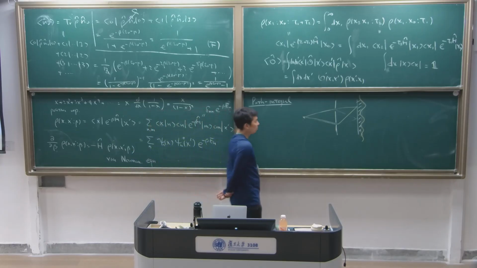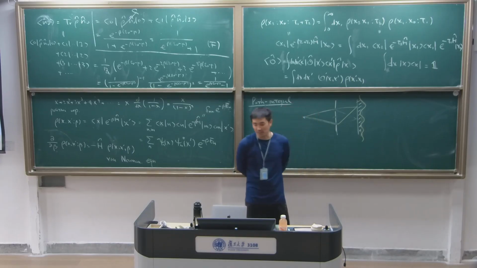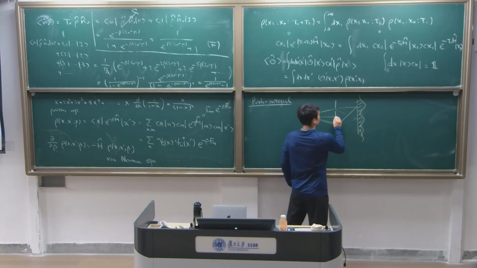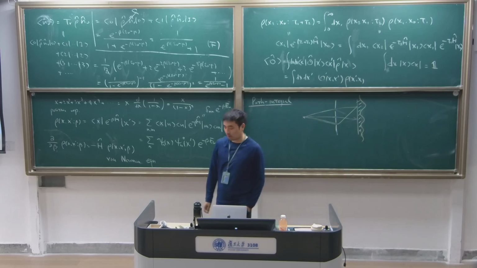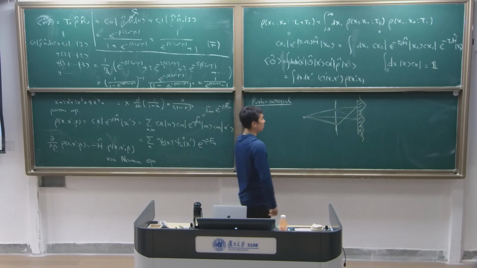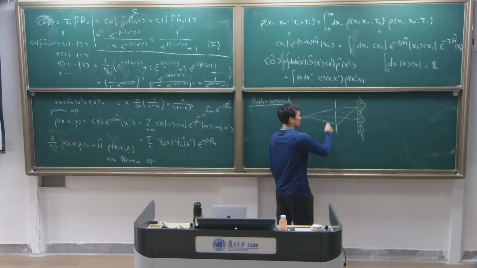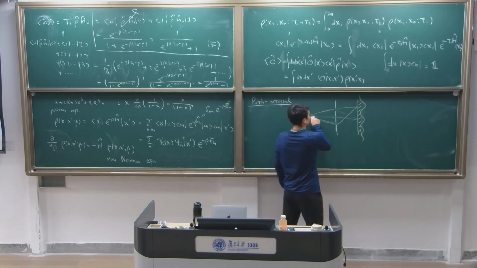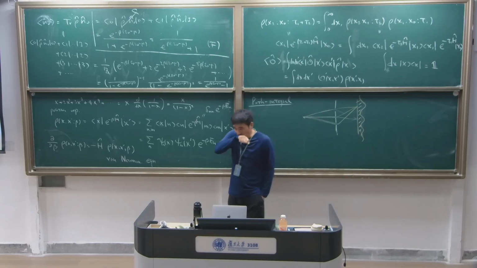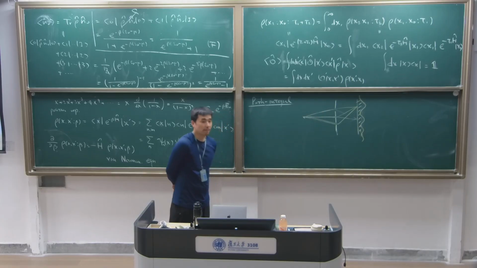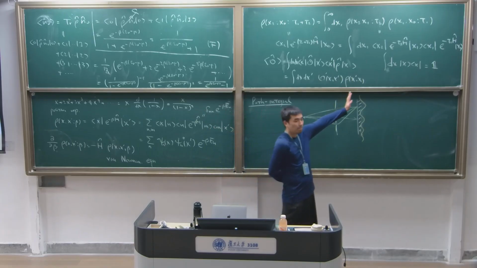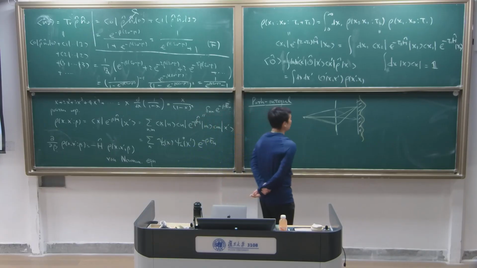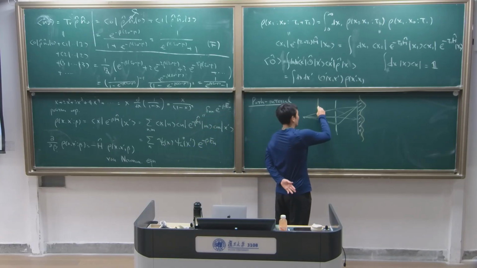I'm asking, what if you add one more hole? Sure, you need to consider another path. Quantum mechanically, you have to sum three possible wave functions, and here you have another wave function to consider to describe the pattern on the wall. Furthermore, what if you put another slit this way?